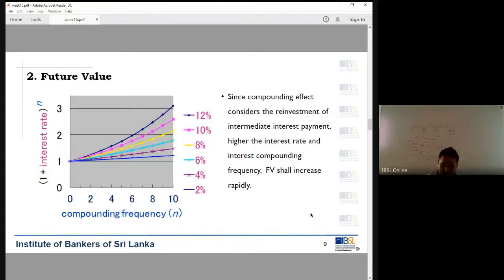So we have to understand the values of r and n in order to compare, provided you have been given multiple choices. A good example: you can walk into a bank and ask for different propositions or opportunities to invest your fixed deposit money. You will see different n's and different r's, and accordingly you can calculate your future value and see what you are going to get at the end of your investment.